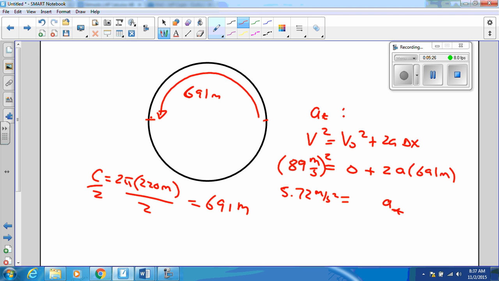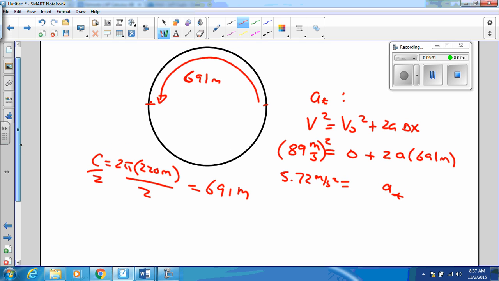All right, keep going. To find the time when it's at the halfway mark, I use v equals v naught plus at. Okay.